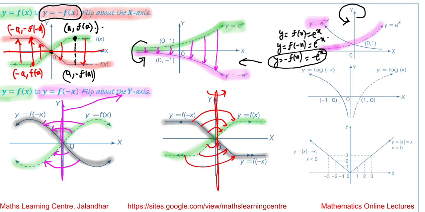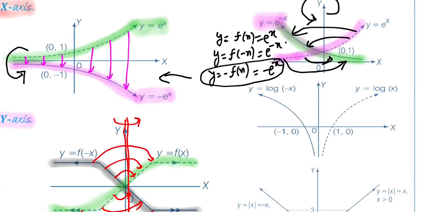So this point is mapped over here, and so on for the other points. This is the graph of the function y is equal to e raised to the power minus x.